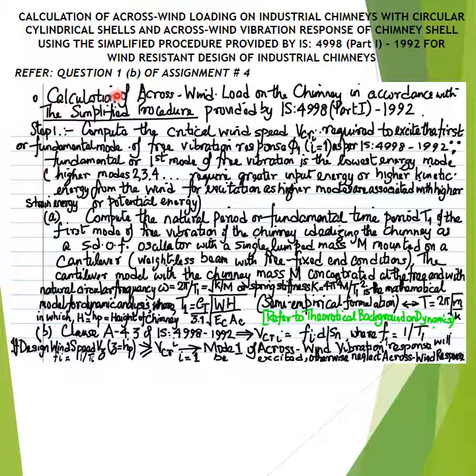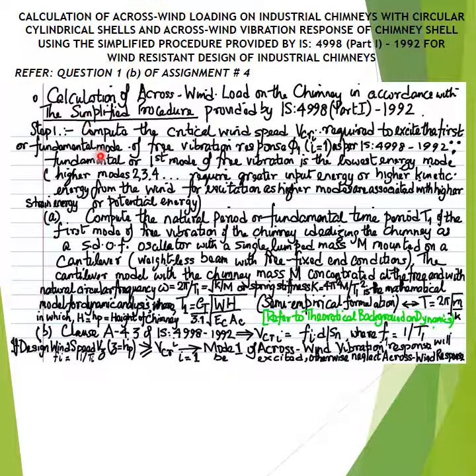The methodology of computing the crosswind loads for the purposes of the structural design of the industrial chimney for wind loading in accordance with the simplified procedure provided by IS 4998 Part 1 may be summarized by the following steps.